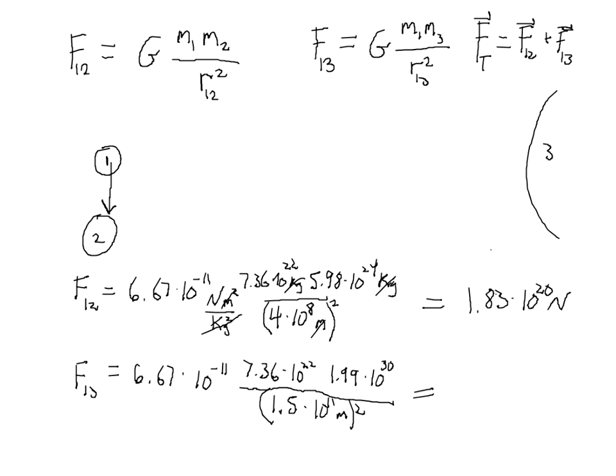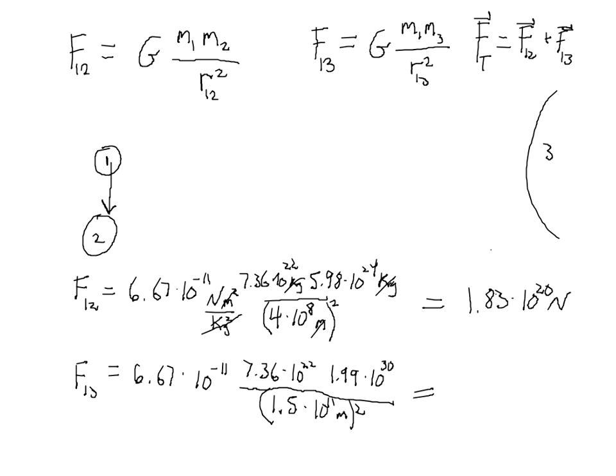Now we need to multiply all of that together. 6.67 times 10 to the minus 11 times 7.36 times 10 to the 22.